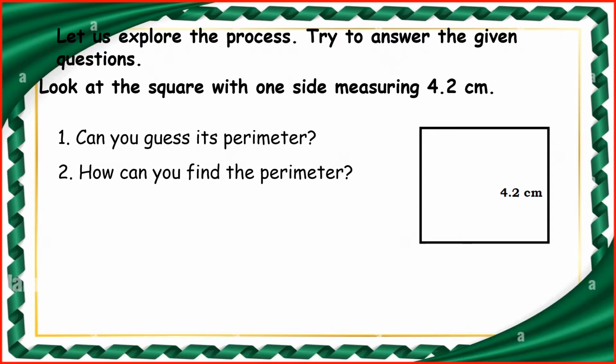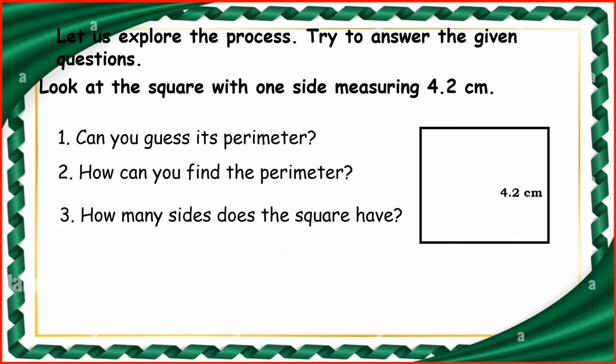Number 2, how can you find the perimeter? In finding the perimeter of the square, we can use the formula P equals 4S. Number 3, how many sides does the square have? A square has 4 sides.